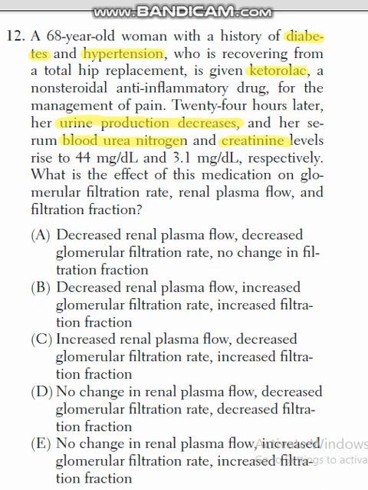So whenever a patient is suffering from diabetes or hypertension, the blood vessels face a lot of resistance, a lot of pressure. For example, in diabetes mellitus, the osmolarity of the blood increases due to retention of glucose in the blood vessels.